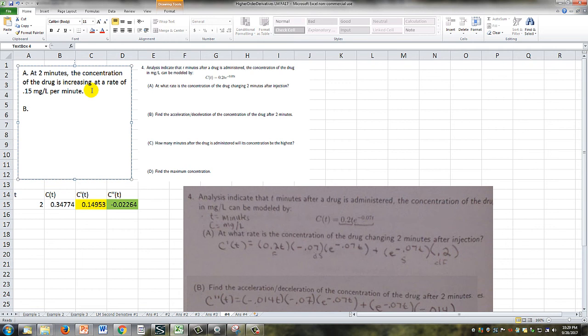So we're going to say at 2 minutes, the concentration of the drug is decelerating at a rate of 0.023 milligrams per liter per minute.